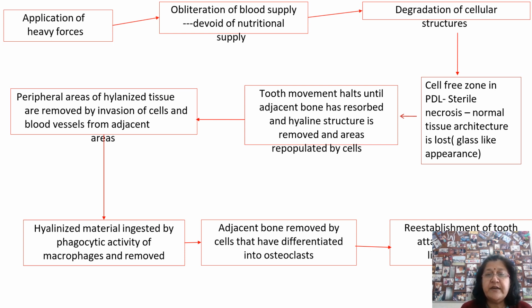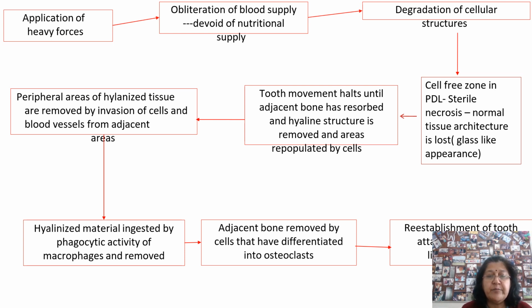The tooth movement halts until the adjacent bone has resorbed and the hyaline structure is removed and the areas are repopulated by cells. Peripheral areas of the hyalinized tissue are removed by invasion of cells and blood vessels from adjacent areas, and the hyalinized material is ingested by phagocytic activity of macrophages and removed.